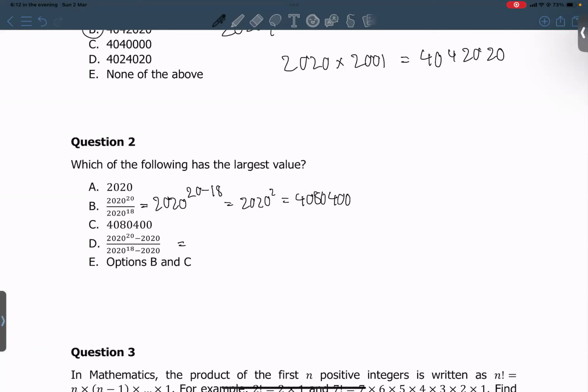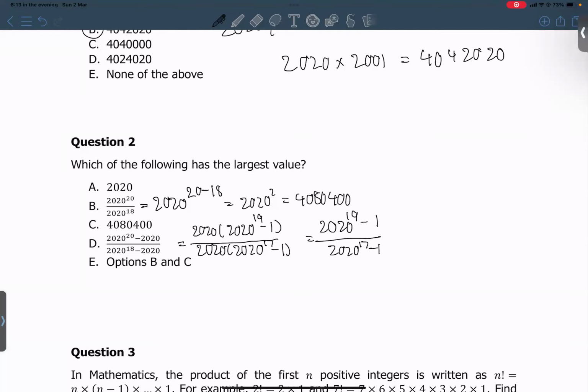For D, you'll need to simplify it first. To simplify it, you first factor out the same factor, which is 2020, from numerator and denominator, and you'll get something like this. After you simplify, you're left with this.